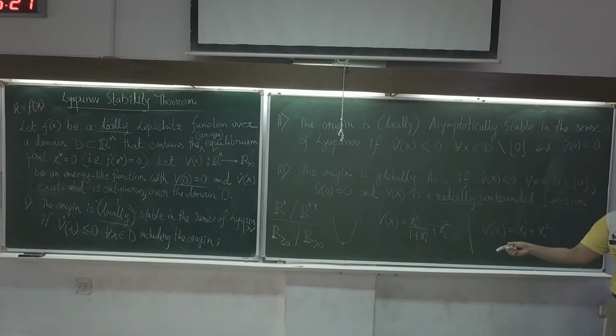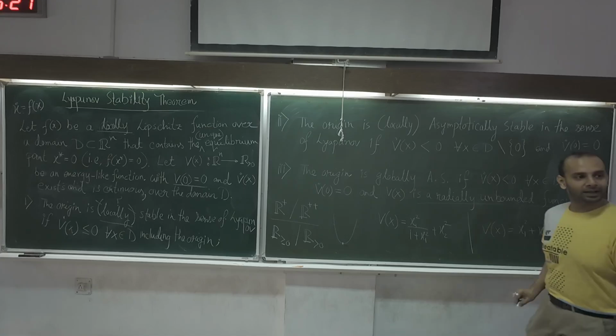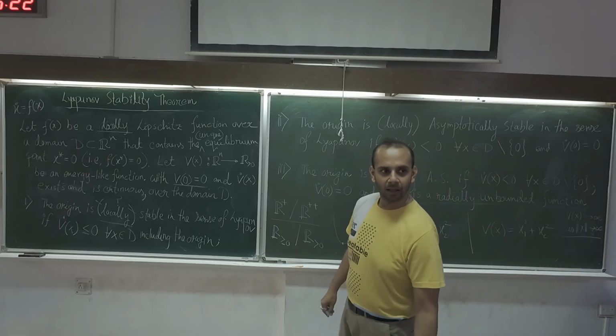Second, whether both of them are 0 at x equals 0. And third, the most important thing, whether Vx goes to infinity as x goes to infinity. This is related to radial unboundedness.